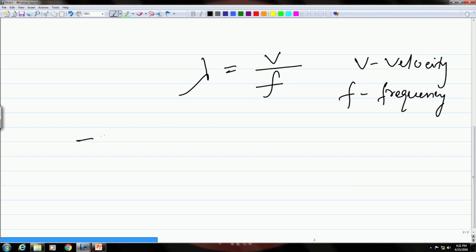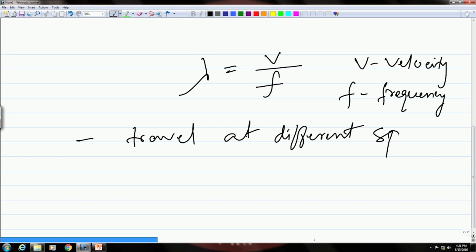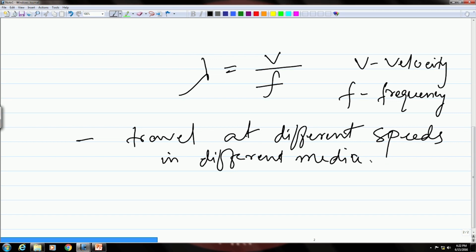And then they travel at different speeds in different media. And in most of the metals the velocity change with frequency is not very significant.